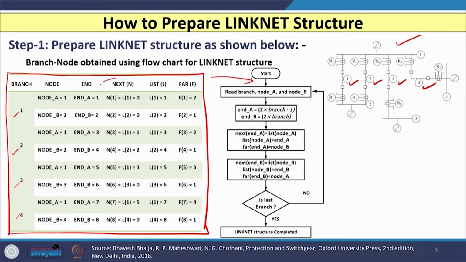Before that we need to calculate the node, that is bus, and the end, these 2 parameters also. The end we calculate using these 2 equations, and the node, that is bus, we can calculate using some logic.